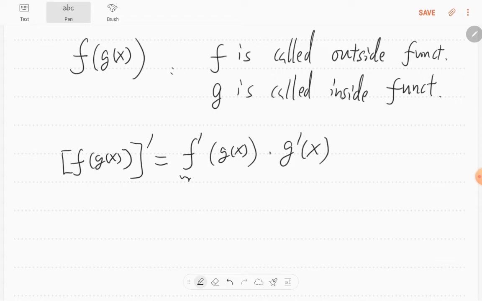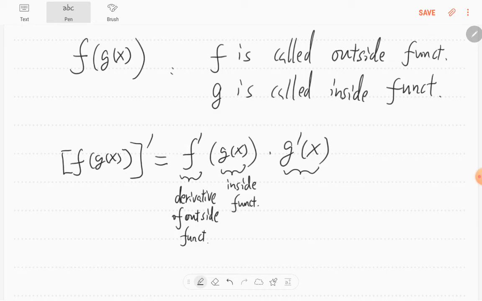This f prime means the derivative of the outside function, evaluated at the inside function. We just leave the inside function alone, and g prime is the derivative of the inside function.